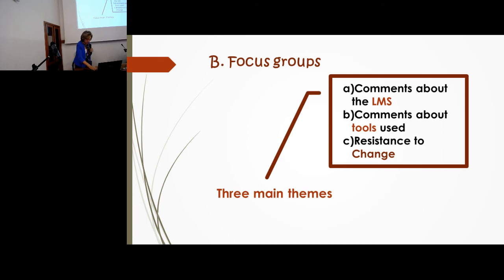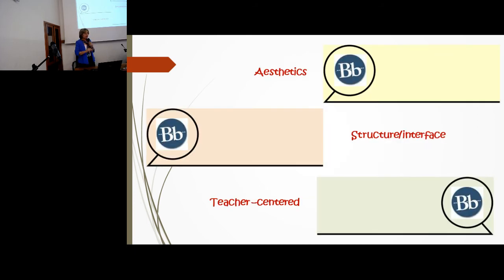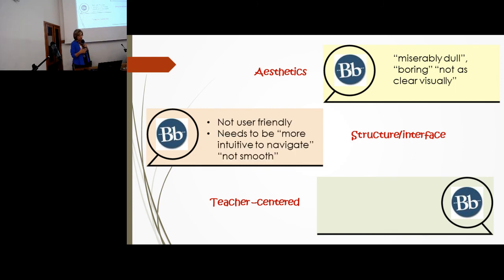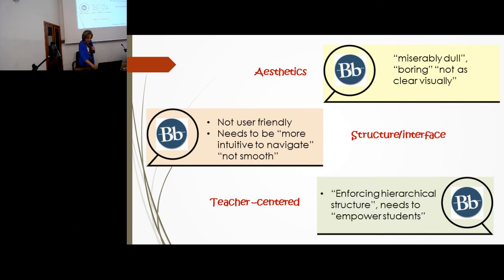The comments about the LMS were about the aesthetics, the structure, and its teacher-centeredness. Some comments: miserably dull, boring, not as clear, not user-friendly. They wanted it to be more intuitive to navigate, like iPads and iPods, and it enforced the hierarchical structure of the classroom.